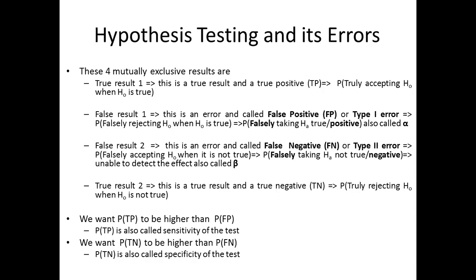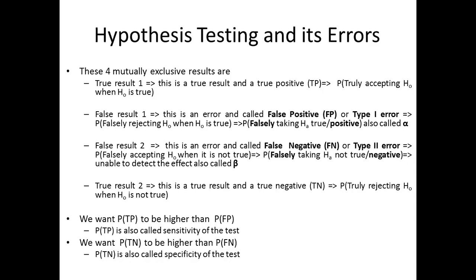So it's called a false negative, and you can also put it in this way: it's the probability of being unable to detect the effect which is in actuality present. It is also symbolized with the symbol beta. True result 2. This is a true result and a true negative. It's the probability of truly rejecting H naught when H naught is not true.